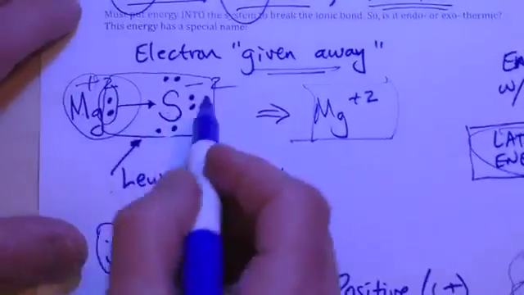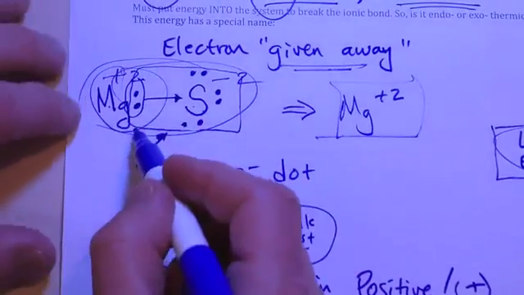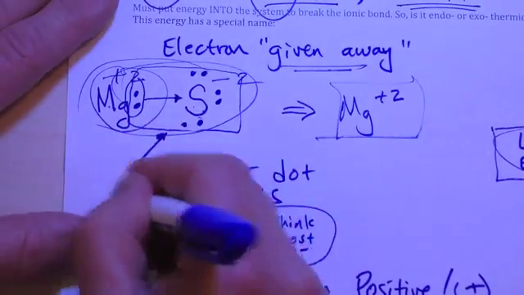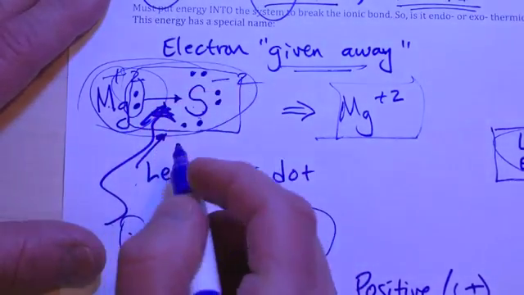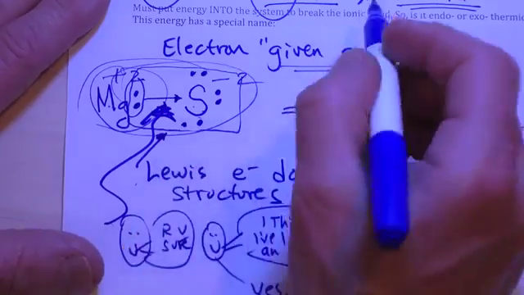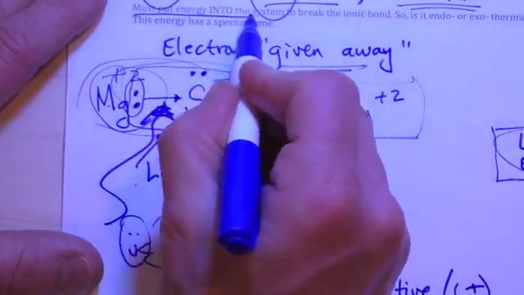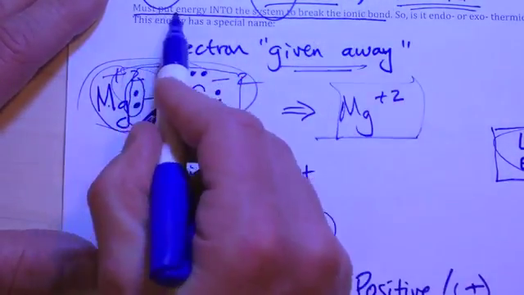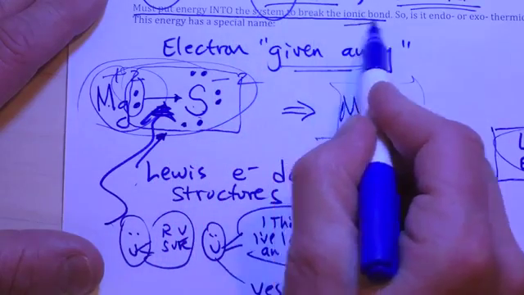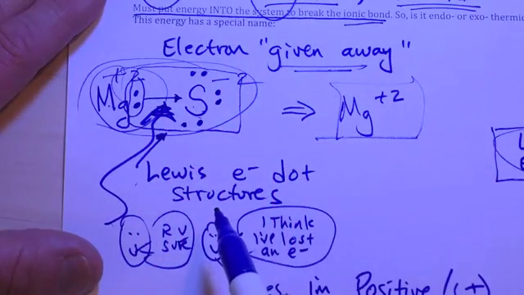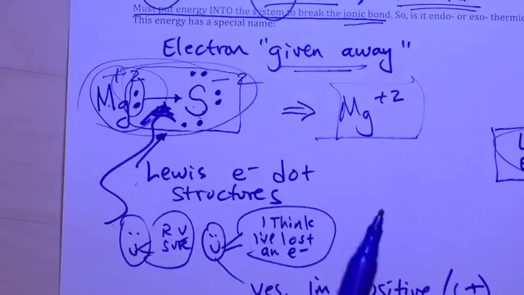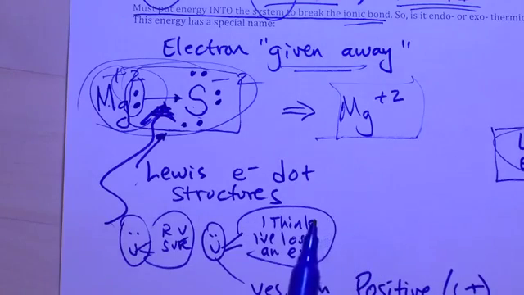And to separate these two ions right here, for example, magnesium and sulfur, you would have to put energy into the system to break the ionic bond. And that's at the top of your page already typed for you. You must put energy into the system to break the ionic bond. So, is it endo or exothermic?